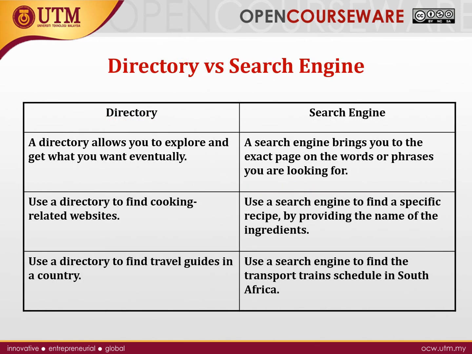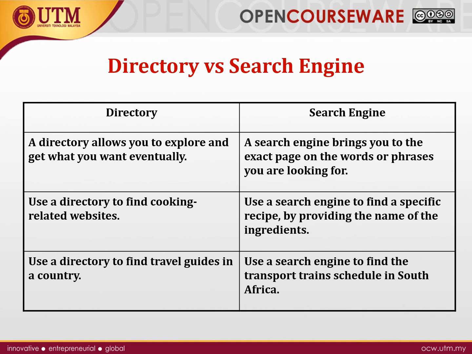So if we differentiate between directory and search engines, we could know that a search engine is more specific. For example, a directory allows you to explore and get what you want eventually, while on the other hand, search engines bring you to the exact page or the word or phrases that you have used or are looking for.